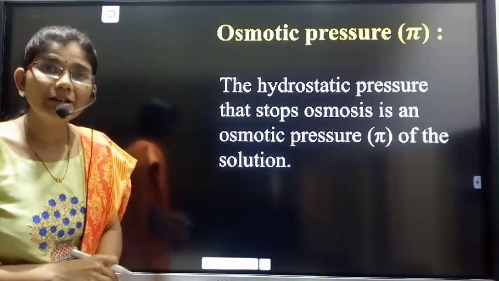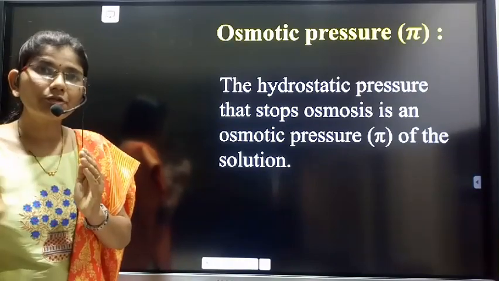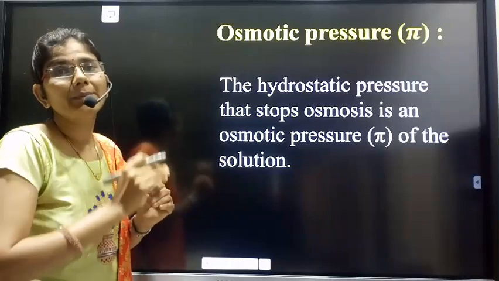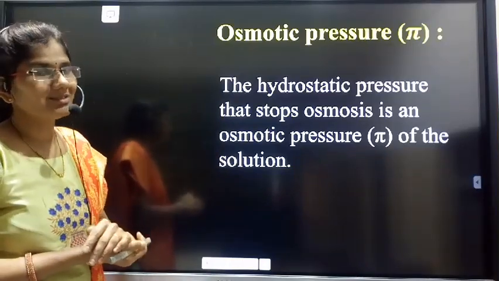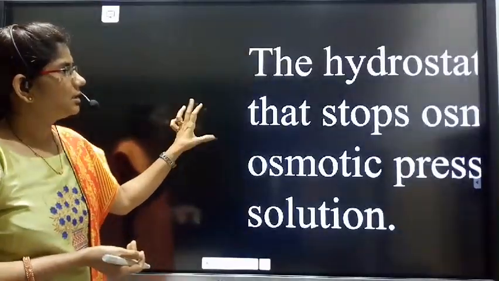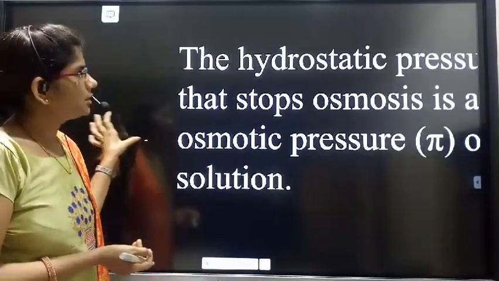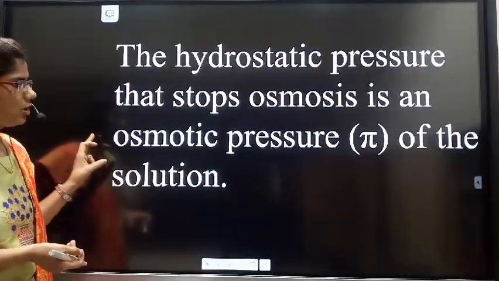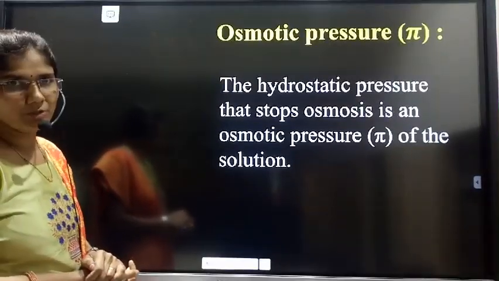At that time, the solvent from a solution flows through a semi-permeable membrane to the solvent side, and therefore the hydrostatic pressure that stops the osmosis is the osmotic pressure of the solution.